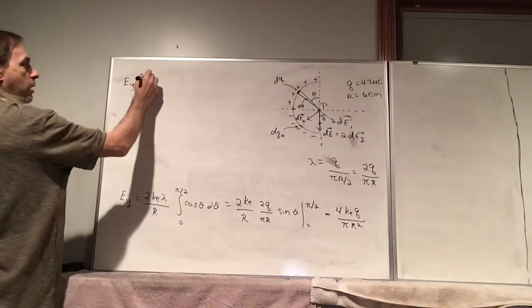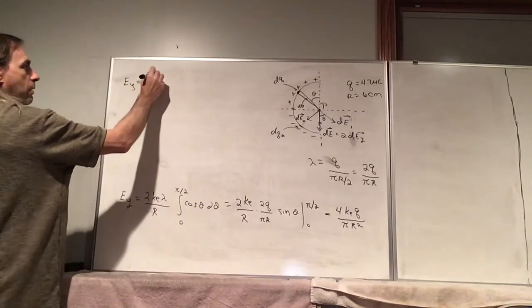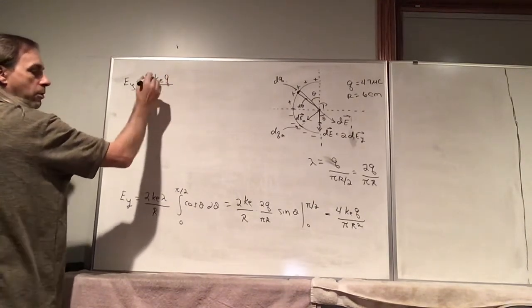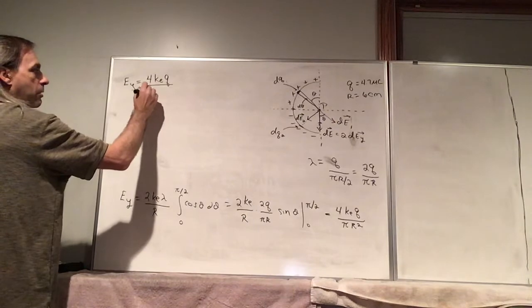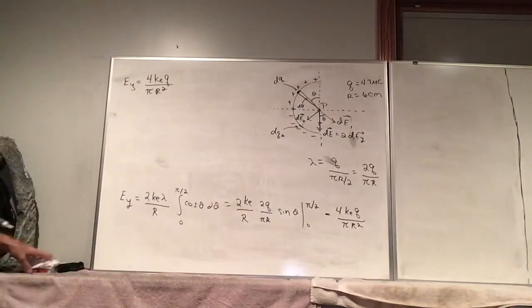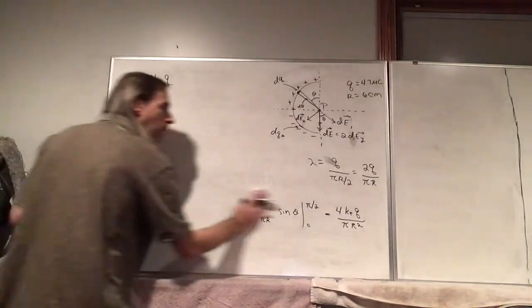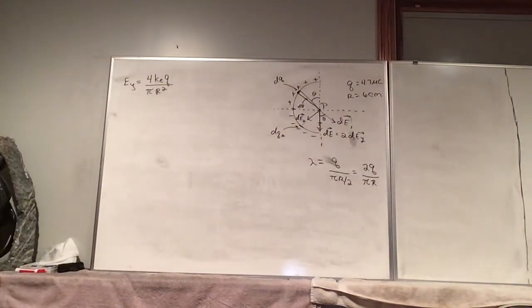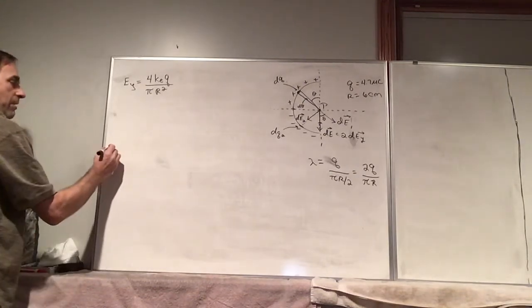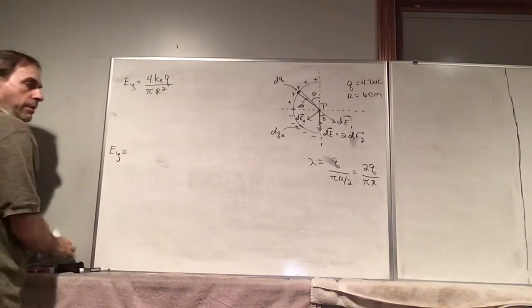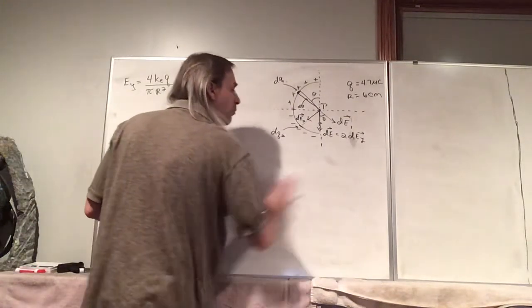So we have 4 ke q over pi r squared. And let's plug in the numbers. I'm going to start down here. Let's get rid of this as well, just so we have room.